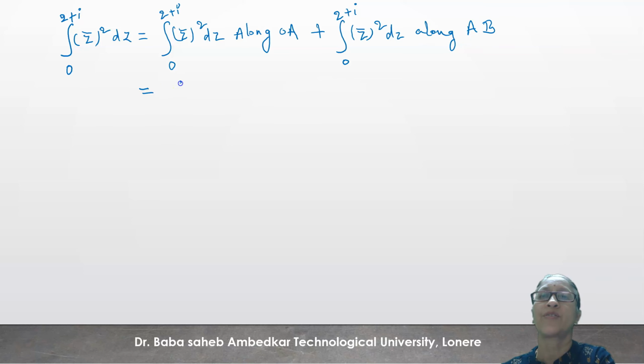So the value of this is 8 by 3 plus the value of this is 11 by 3 i plus 2.